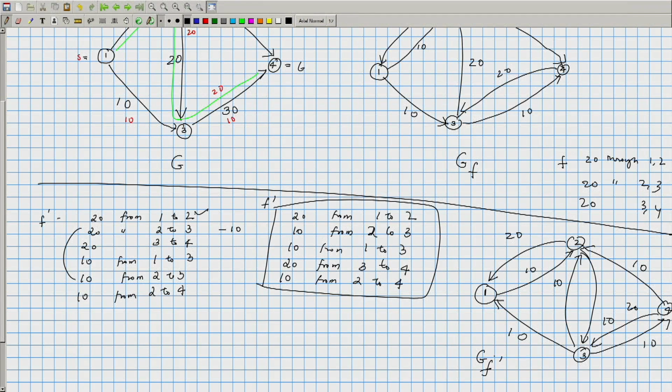Okay. Now, if you look at this particular residual graph, what you can see is it is still possible to route another 10 units of flow. Okay. So, that means there is a path from 1 to 2 to 3 to 4, and you can route a flow of 10 units along this path.